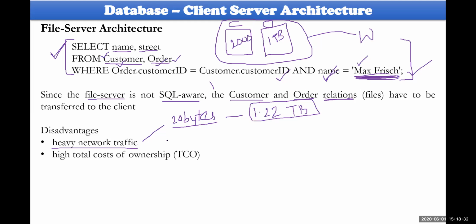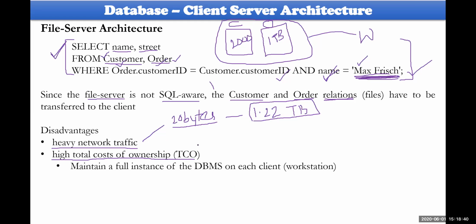And the second one is high total cost of ownership. So TCO, what does this mean? Each and every workstation does maintain so-called database management systems software.